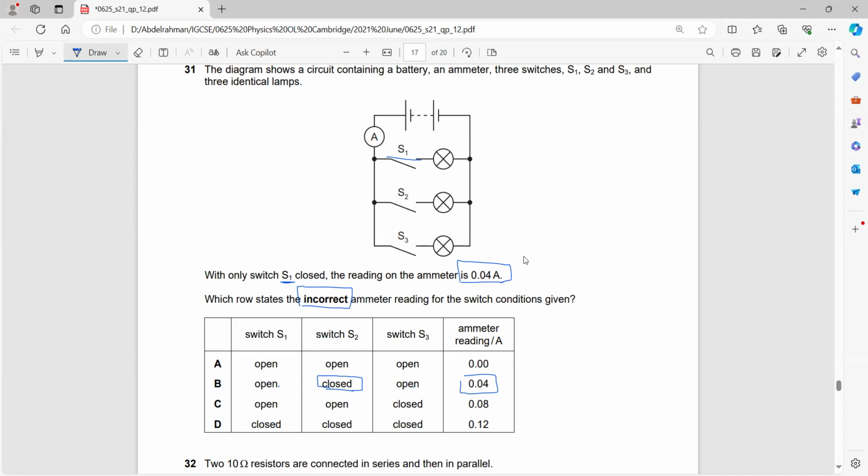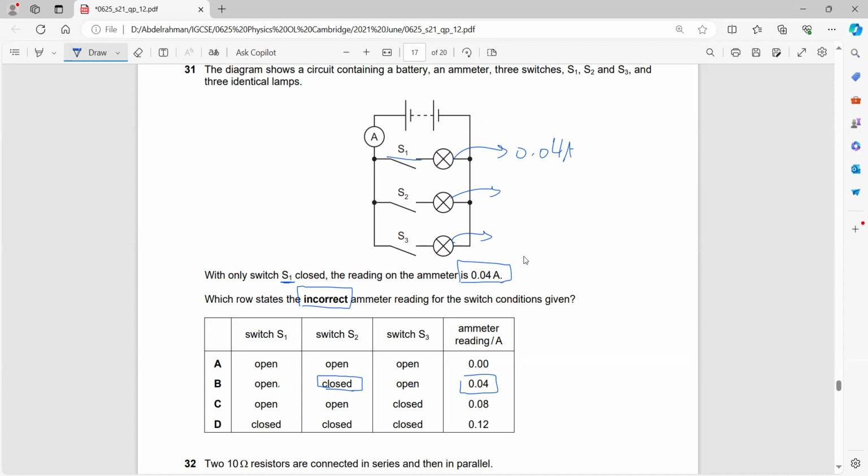Each of these lamps would have a current of 0.04 amperes. So if you close only one of them, the total current should be 0.04. If you close two of them, the total current should be 0.08. If you close all three of them, the total reading would be 0.12.